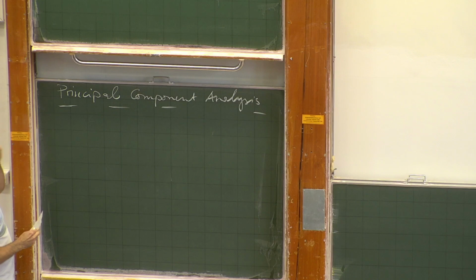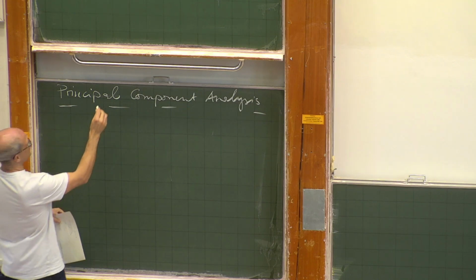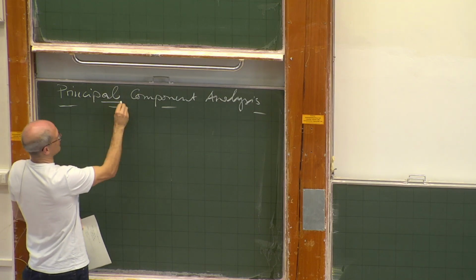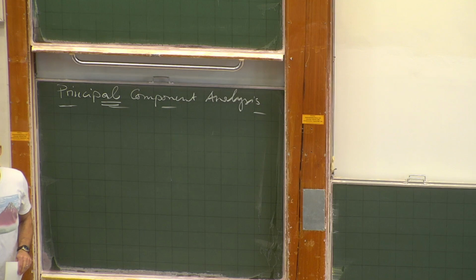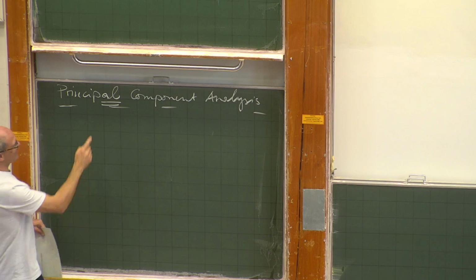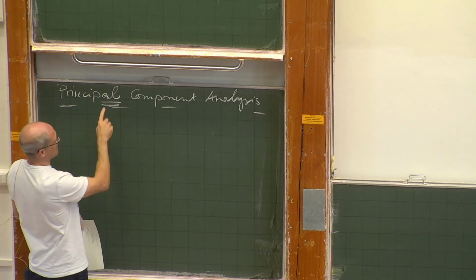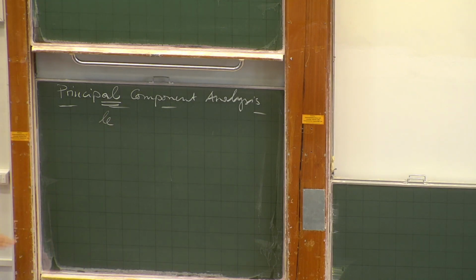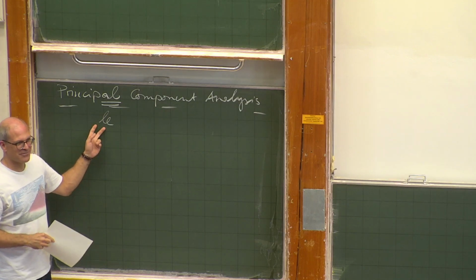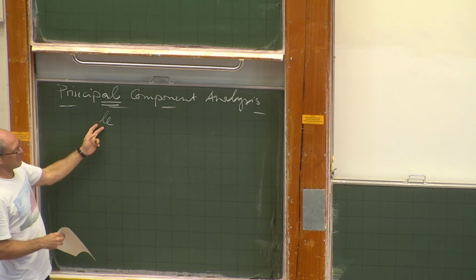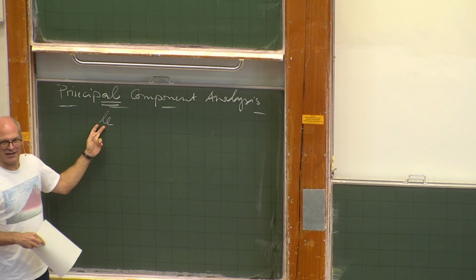Here, I'm fighting the decay of Western civilization because it's principal component analysis, okay? So first exam question in the upcoming written exam: how do you spell principal component analysis? If you spell it with an LE, you're already out. In English, there is the principle, which in German is das Prinzip.